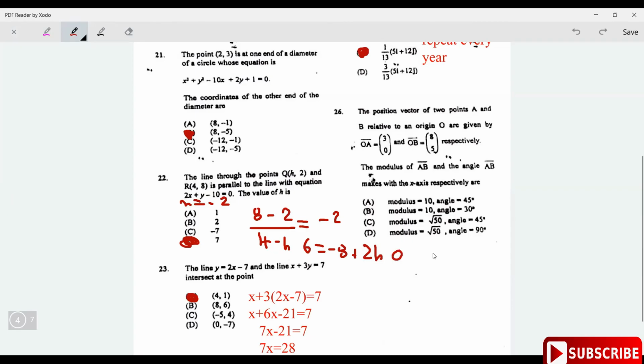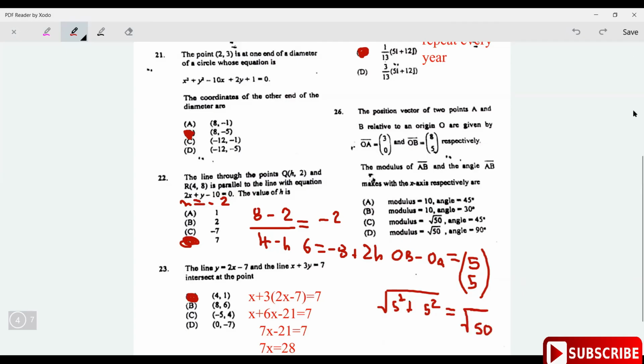So OB minus OA would be equal to 8 minus 3 is 5, 5 minus 0 is 5. And that would be AB. And so the modulus of AB would be 5 squared plus 5 squared, all square rooted, and that works out to be the square root of 50. So that's the answer already.